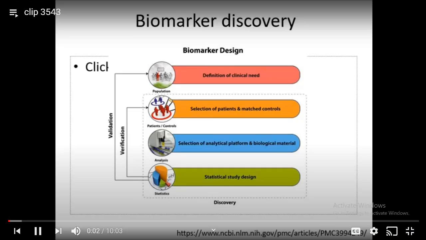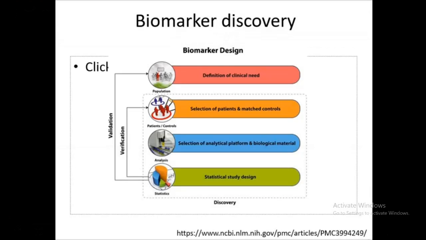So in terms of biomarker discovery, as we've talked about before, the first thing is obviously to define the clinical need. You have a disease population, and you want to identify biomarkers in relation to diagnosis or prognosis.